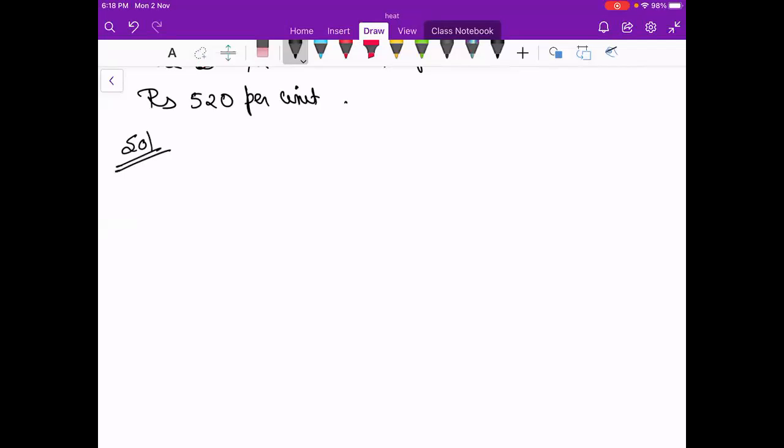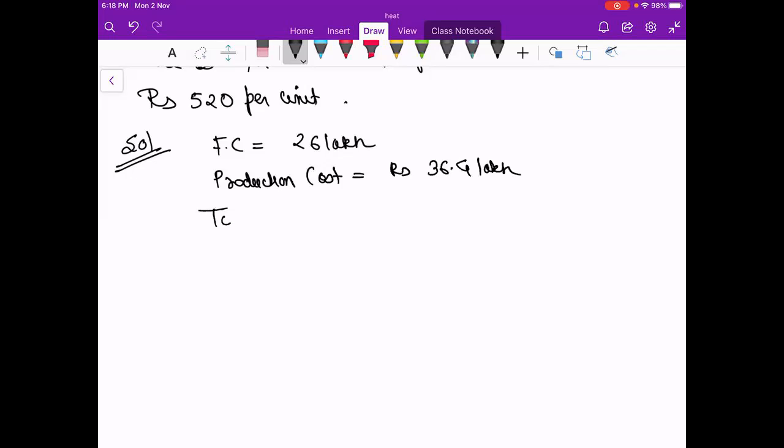See, what is given in the question? Fixed cost is 26 lakh. Production cost is rupees 36.4 lakh. So what will be the total cost? Fixed cost plus production cost, so it will be 26 plus 36.4.